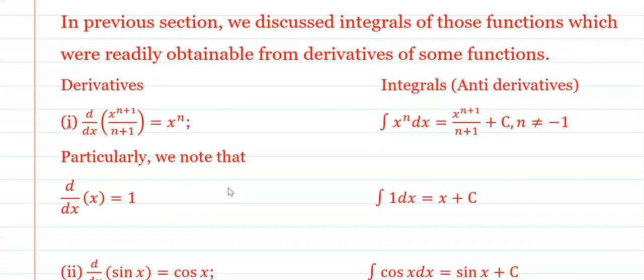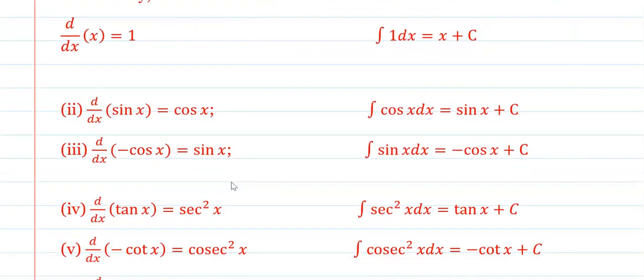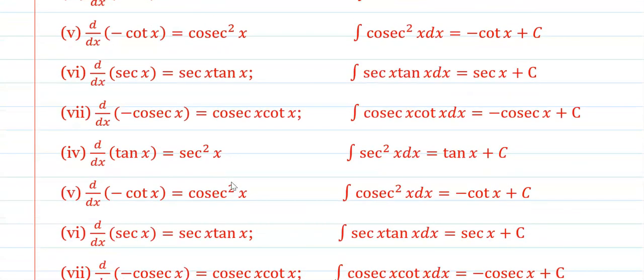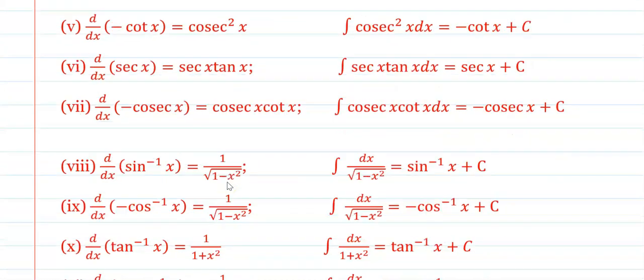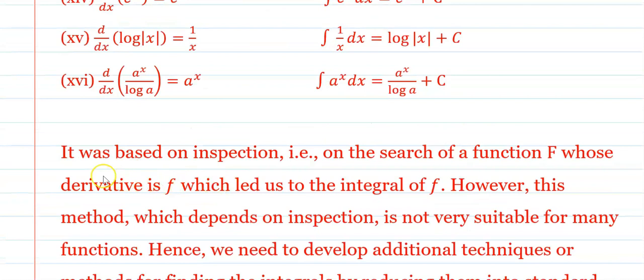All these are obtained from the standard list of derivatives of functions. I had already explained this in my previous video for exercise 7.1. This is by inspection, directly; we can find them with the help of derivatives. This method was based on inspection, that is, on the search of a function F whose derivative is f, which led us to the integral of f.